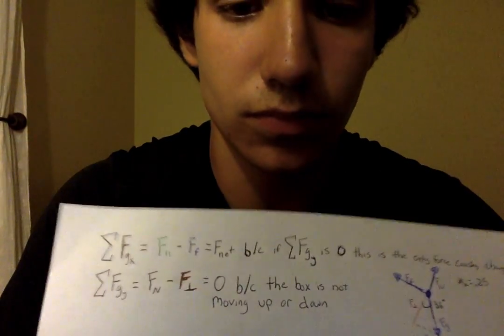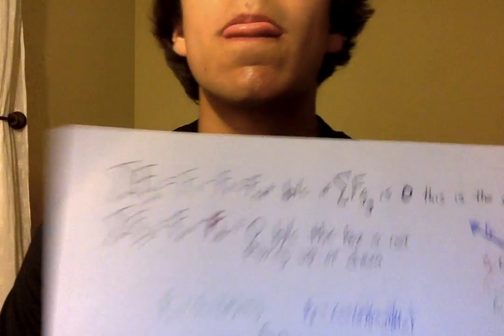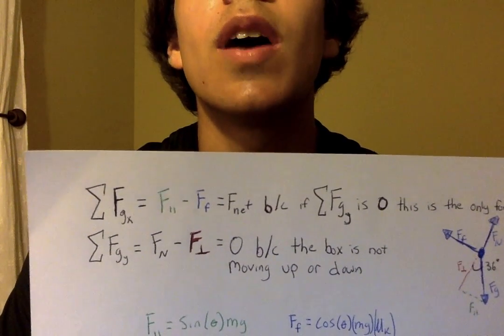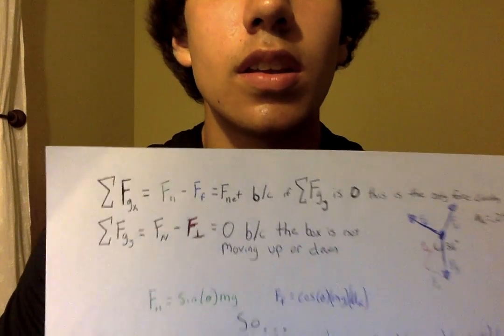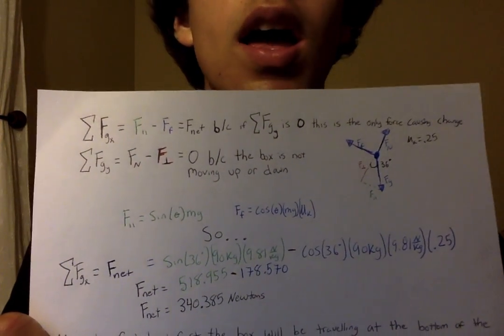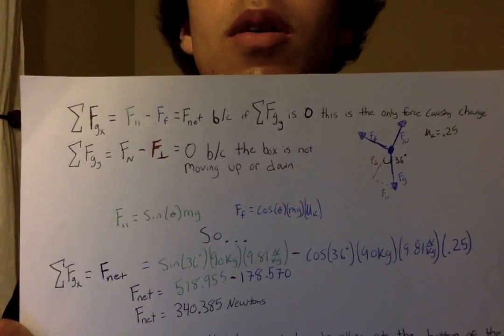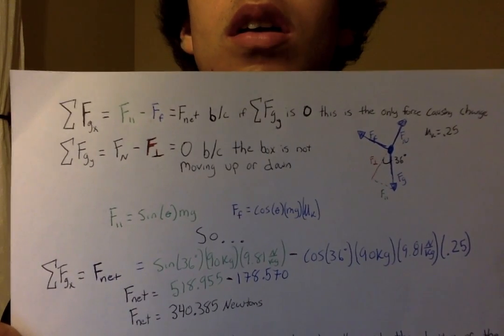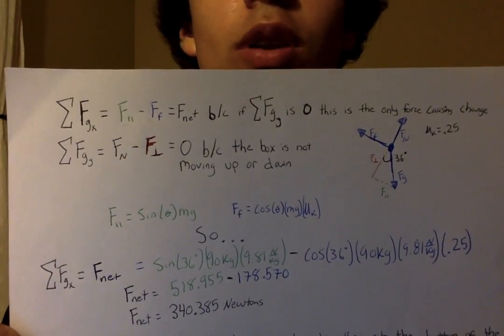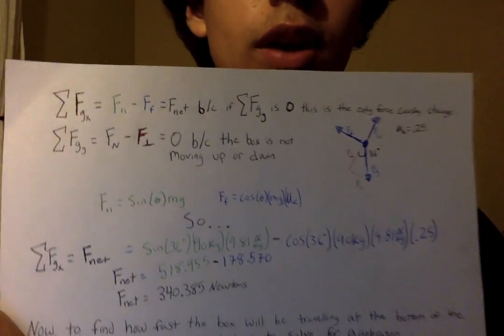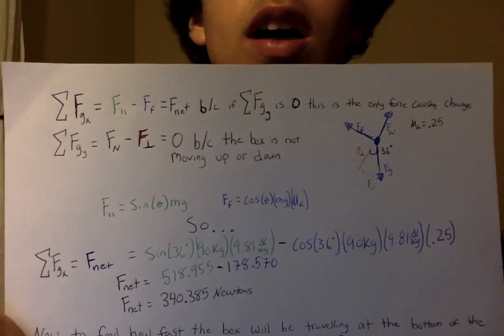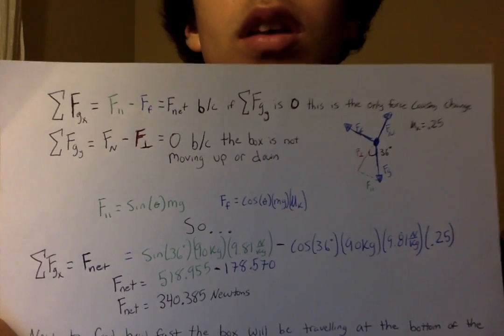So what we do here is we find that the object is 90 kilograms, and the acceleration is 9.81. And then because of the incline, we have to multiply that by sine of 36 degrees.